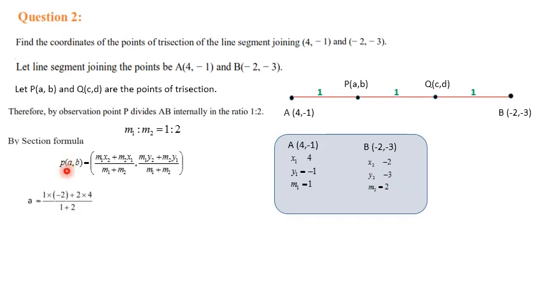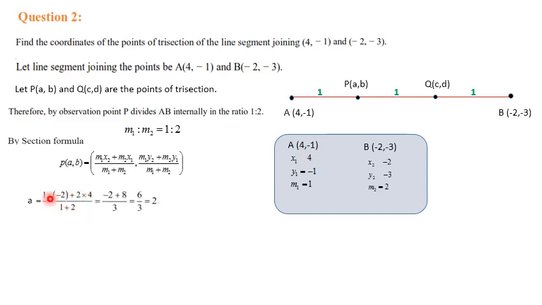The first coordinate, the x coordinate, is equal to m1x2. So m1 is 1, x2 is -2, so 1 into -2, plus m2x1. Here m2 is 2, x1 is 4, so 2 into 4, divided by 1 plus 2.